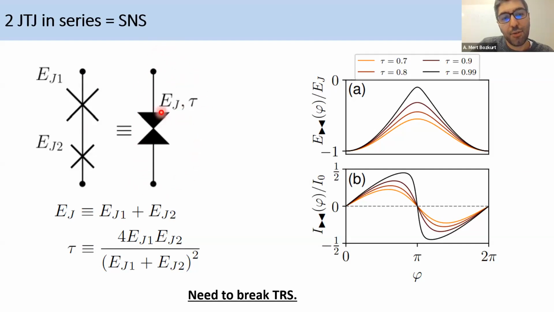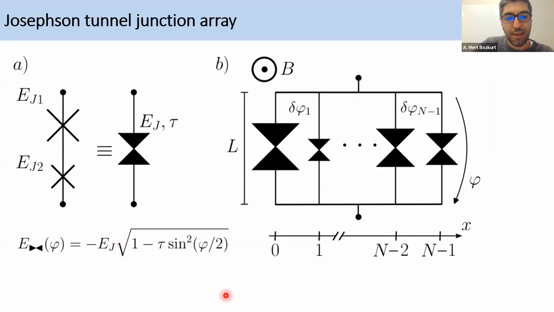So this would also be a periodic function of the phase difference, but it won't be something like this. So you need to characterize this, and then you need to know its Fourier decomposition. But in principle, that would also have higher harmonics. So I don't see any conceptual difference.